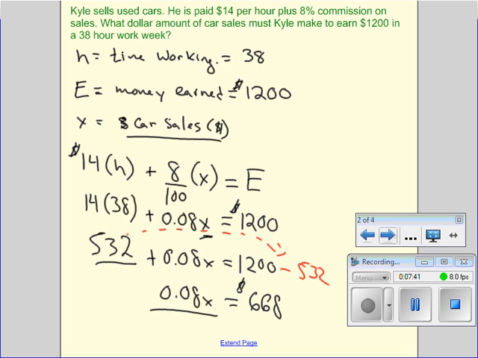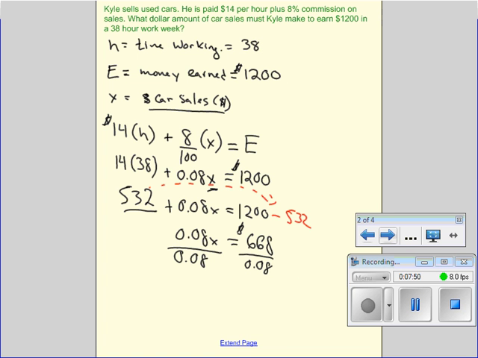Now to find out how much car sales Kyle has to make, divide by 0.08. I know that X is going to be equal to 8,350. So Kyle would have to sell $8,350 worth of cars in a 38-hour work week in order to make $1,200.